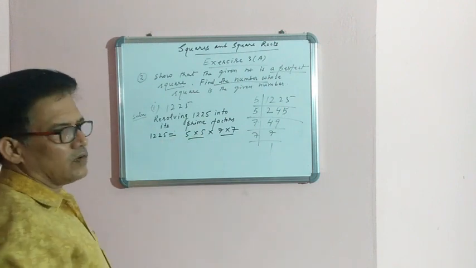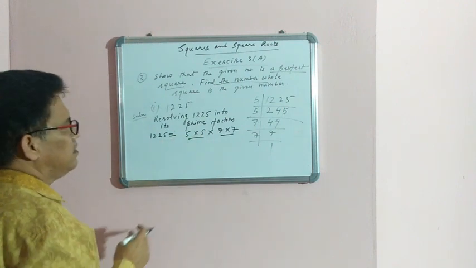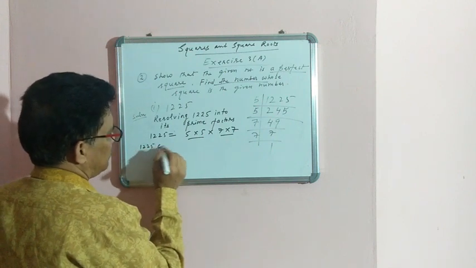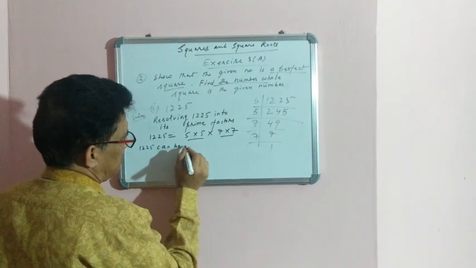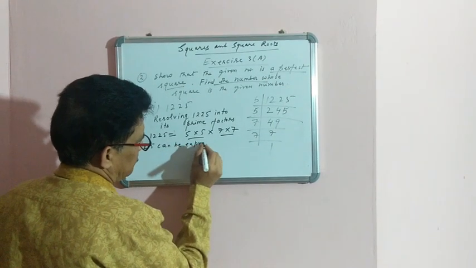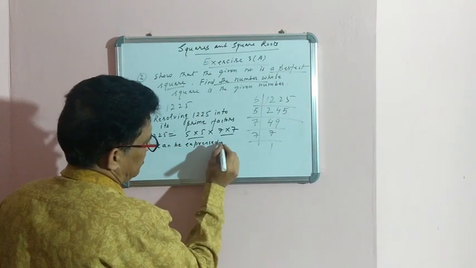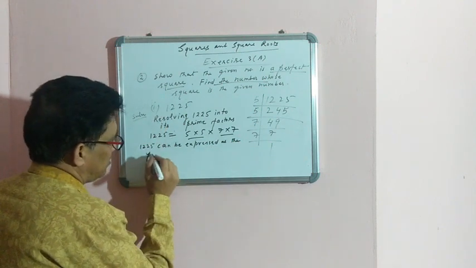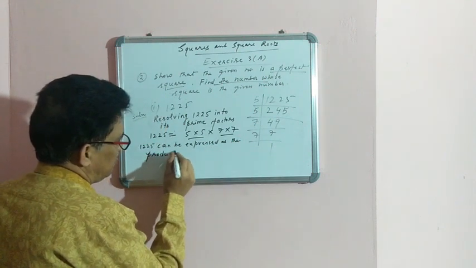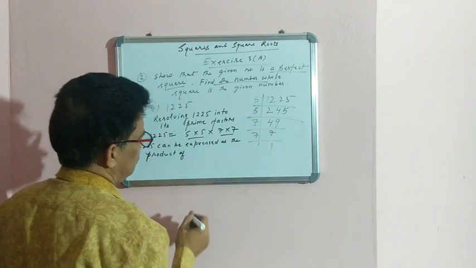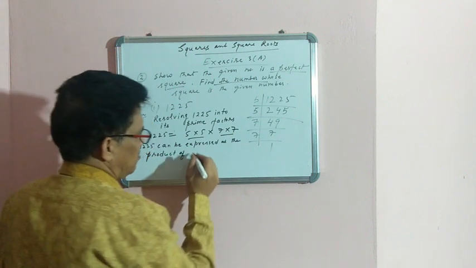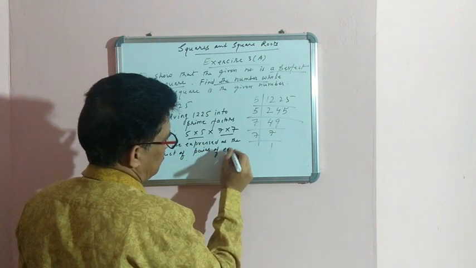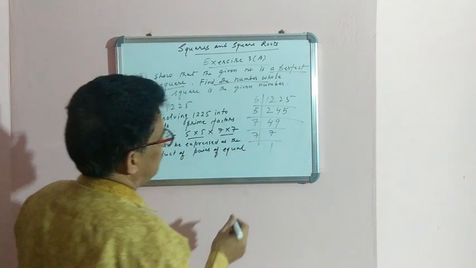As we have done in the first question, we will write here: 1225 can be expressed as the product of pairs of equal factors.